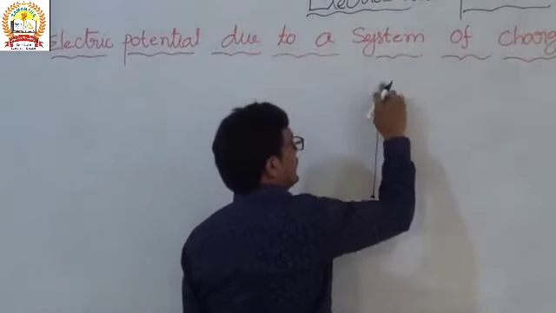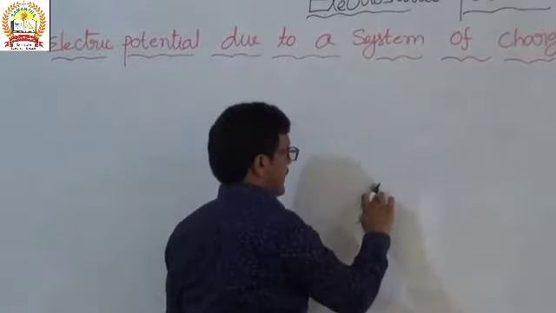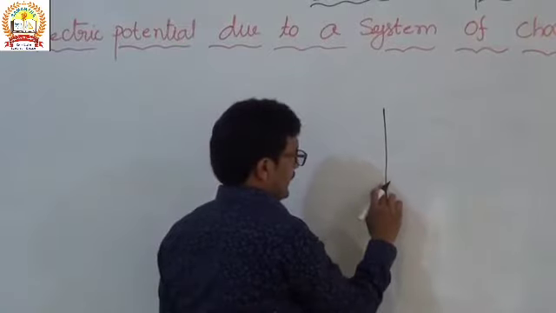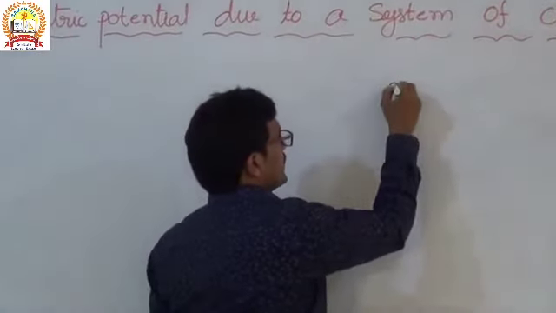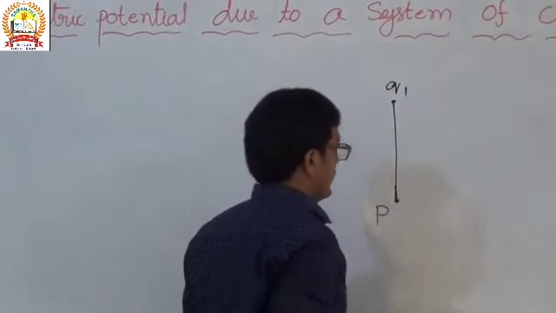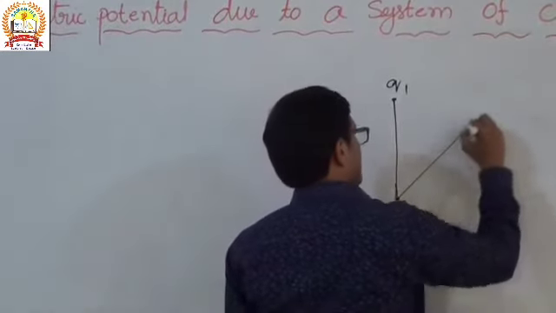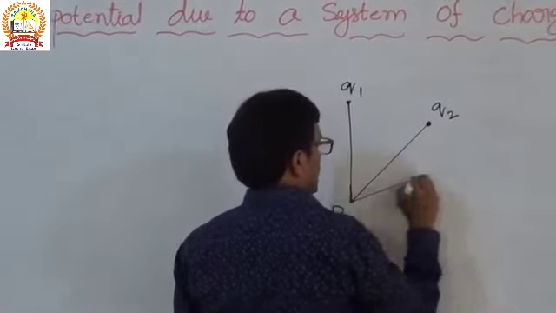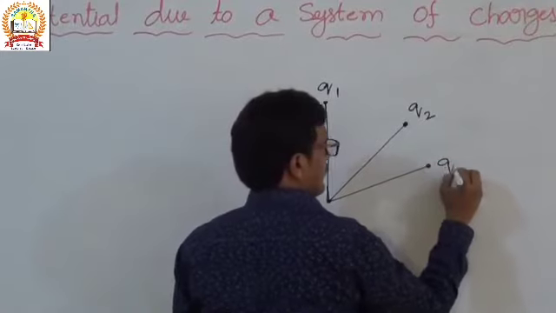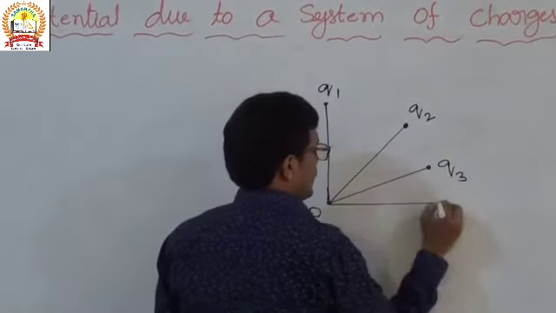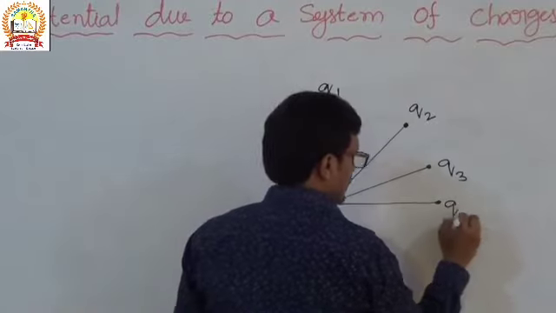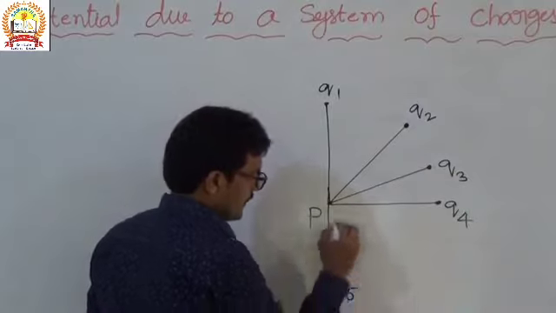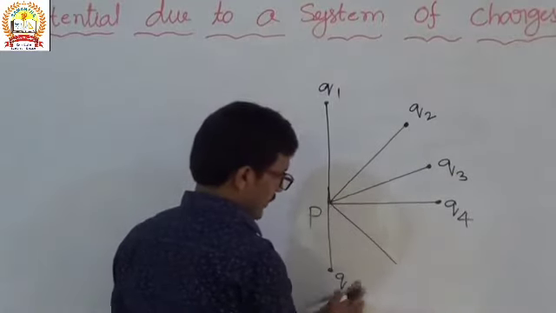Here the charges are Q1, Q2, then Q3, Q4, then Q5 like that, and then Qn, n number of charges.